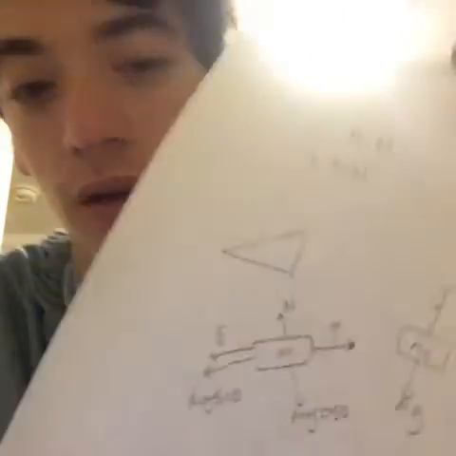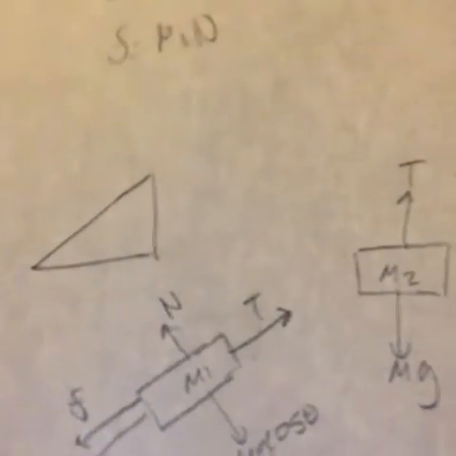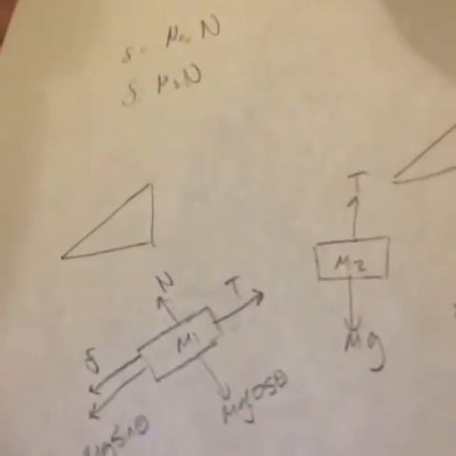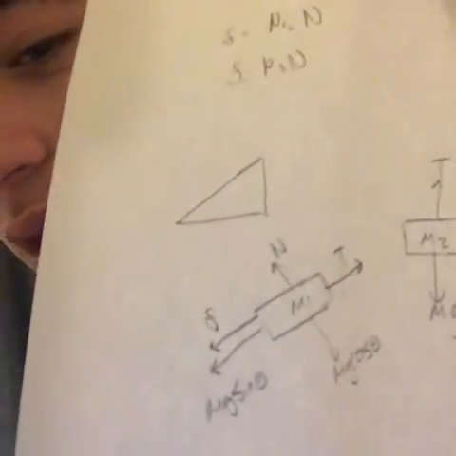And then there's this tension force being applied upward, and at this time there is also this frictional force being applied this way as well. So your free body diagram should look a little something like this. That squiggly F is the friction.